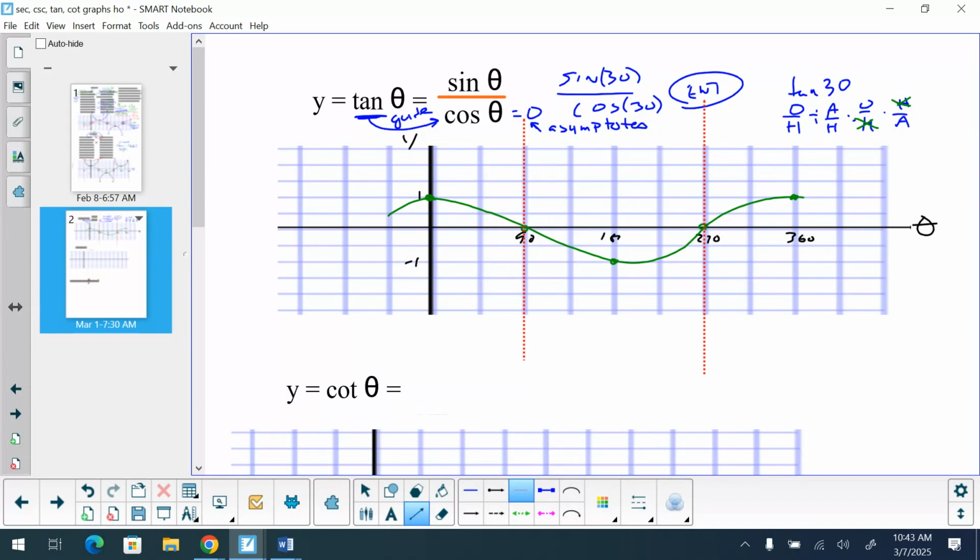Okay? When I go into a cube function, we drop one arm down to here. This is your cube function. This is your square function. Cube, square, cube, square. All right? So we have a cube function.